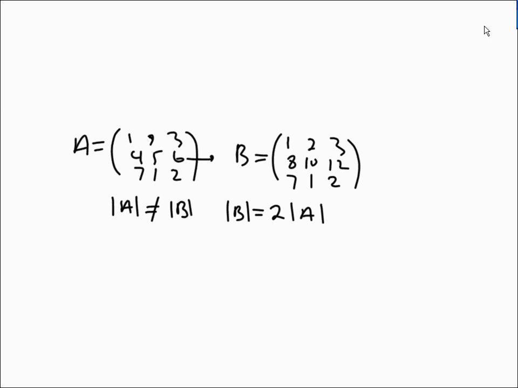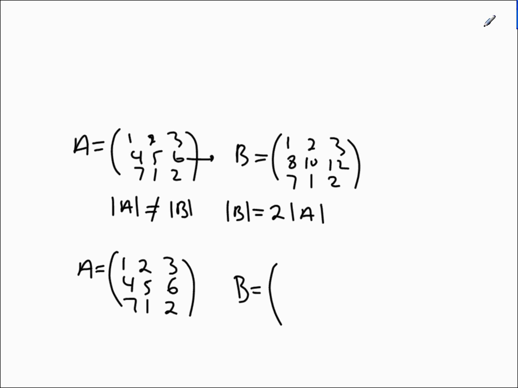Okay, but now here's something different. It's going to sound almost the same. I am going to get B, I'm going to multiply this row by 2. And if I stop there, that's exactly what I said up here.